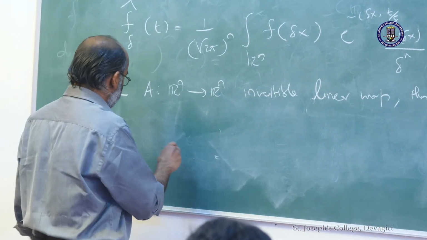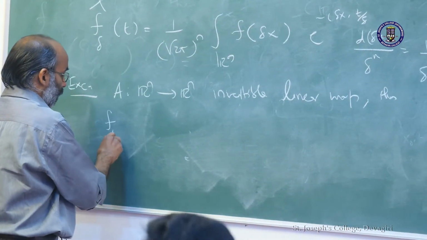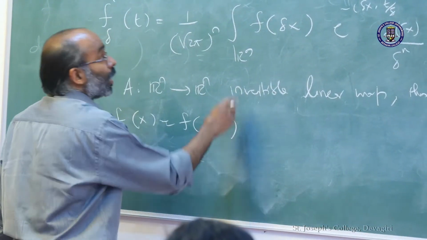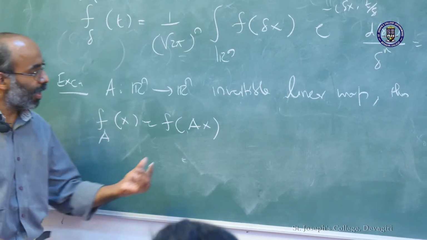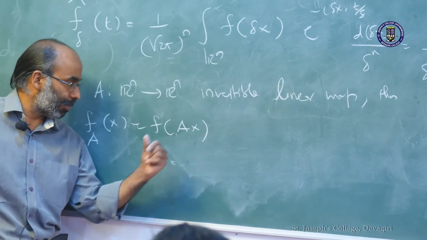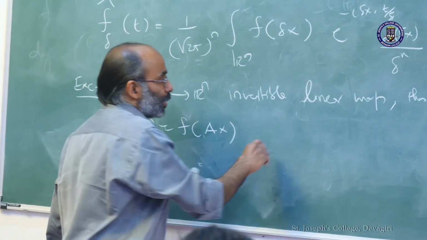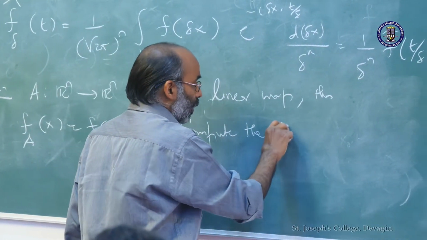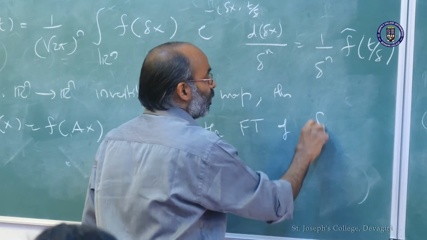Look at f sub A at x, defined to be f of Ax. Just like multiplication by delta, here I have a very general linear map. What would be the Fourier transform? Compute the Fourier transform of f sub A.